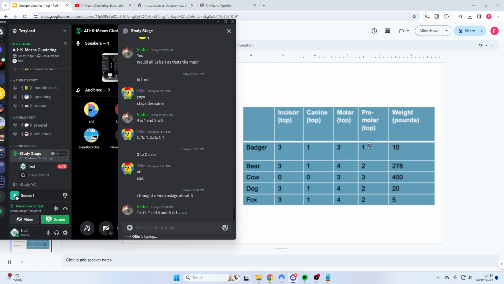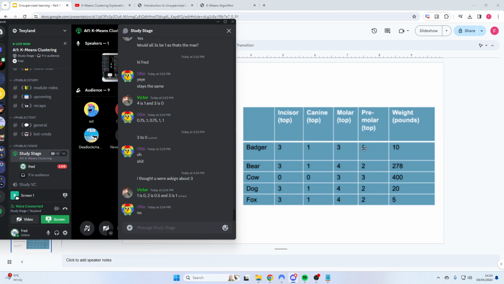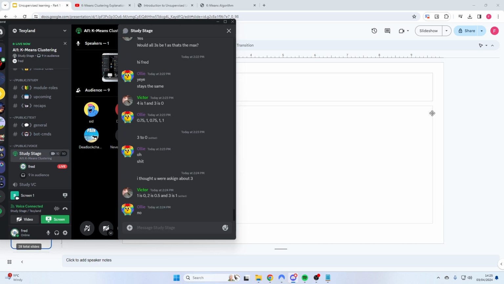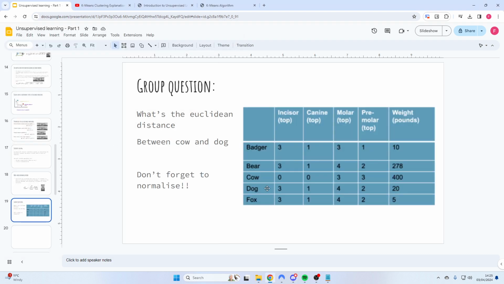Yeah, I think Victor's right. So the minimum is 1, so that turns into 0. 3 is now the maximum, so that's 1. And the 2 is right in the middle between the 1 and 3, so that gets 0.5. So we got 0, 0.5, 1, 0.5, 0.5.